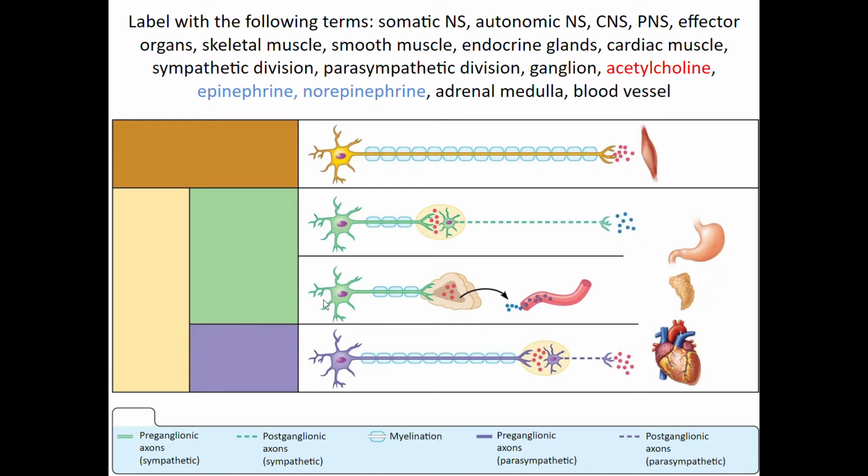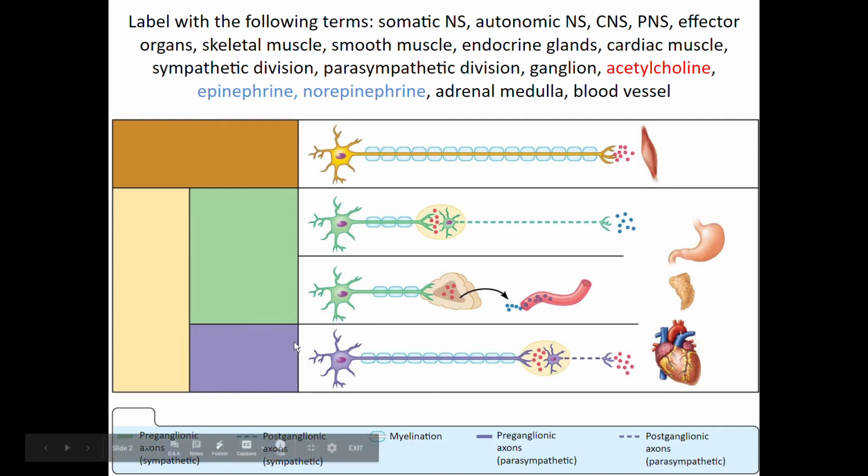Or alternatively, you have a sympathetic preganglionic neuron activating the adrenal medulla, which is a gland that sits on top of your kidneys. It uses acetylcholine to activate the adrenal medulla to release epinephrine and norepinephrine, also known as adrenaline and noradrenaline, into your blood, and then from your blood, it activates these target organs to do stuff.